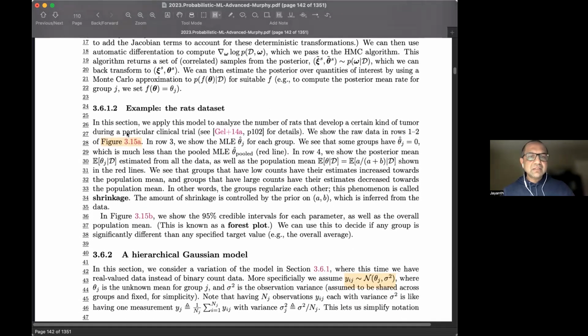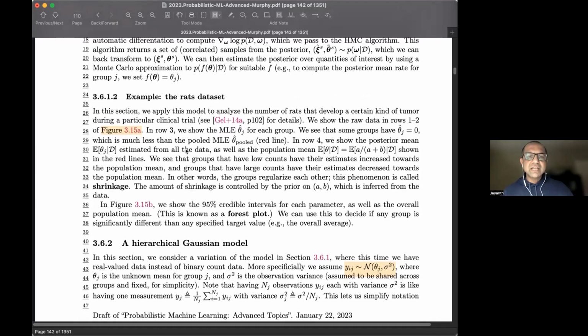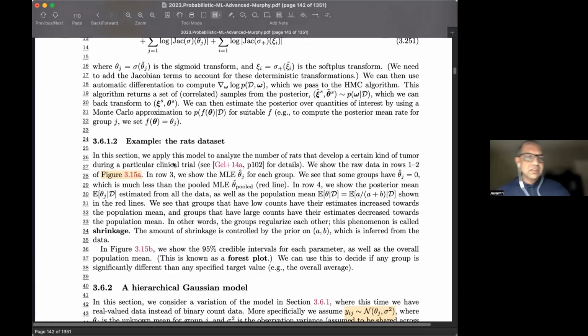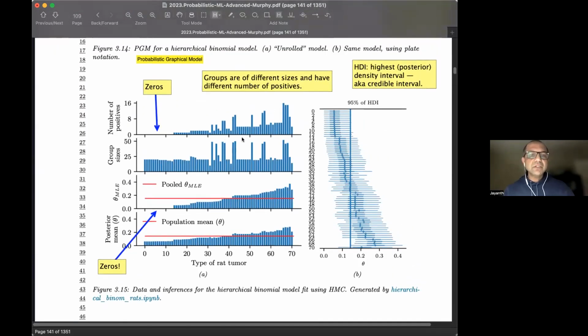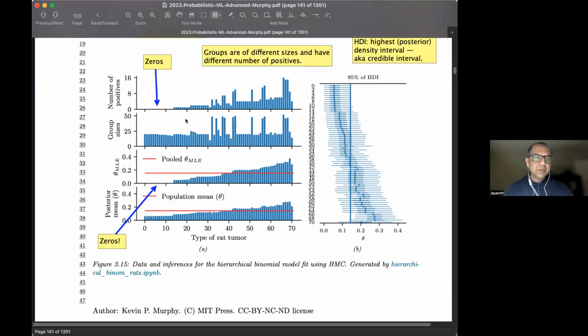So we can look at the rats data set, and this is captured in this figure. So I'll go back to this figure. Here, what we are seeing is the number of positive cases. If we sum up all the yj's for each of the 70 groups in this case, some groups have no incidences of that disease.